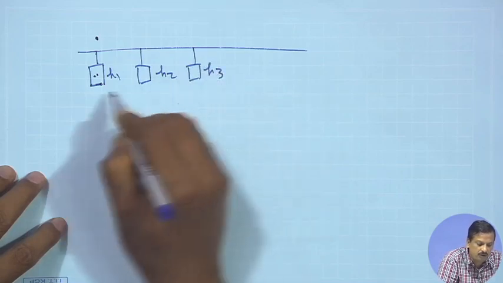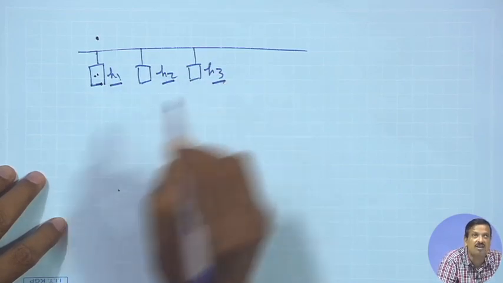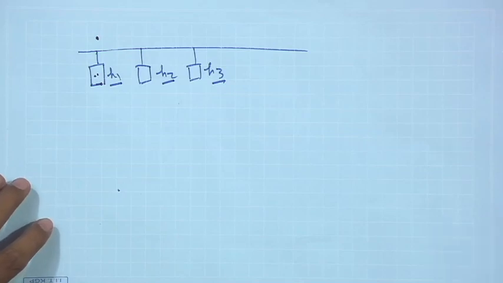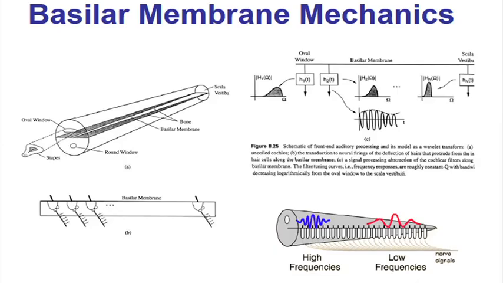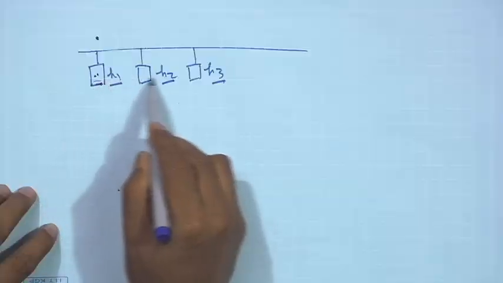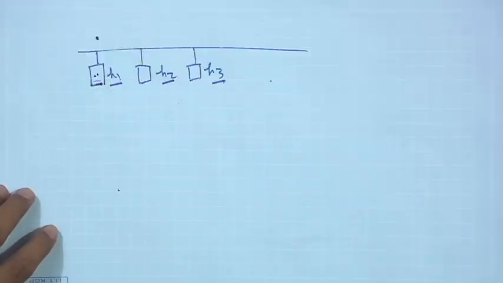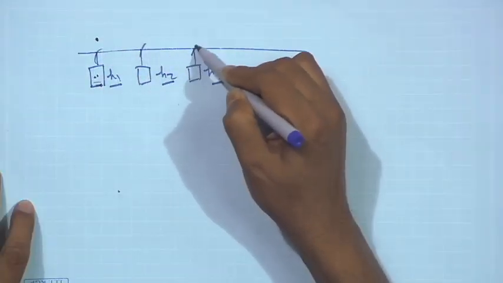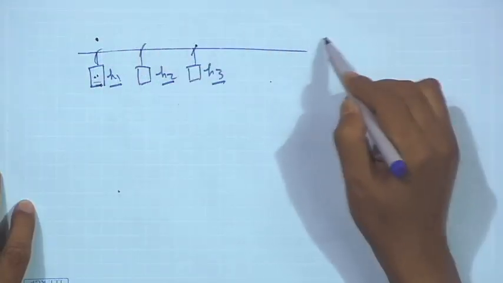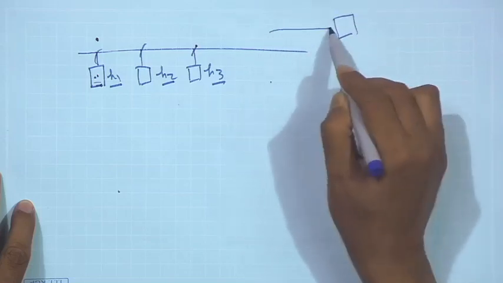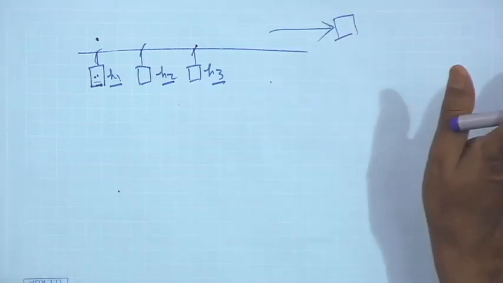H1, H2, H3 are nothing but band pass filters, I can consider. So it is nothing but a filter bank analysis by the human basilar membrane. Whatever input signal comes, it passes through a particular band of filter and ultimately the response of each band is the neuron signal, and that goes to the central brain system so that it can process it for human cognition.